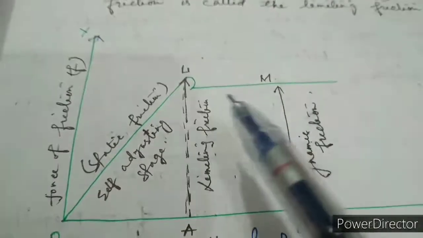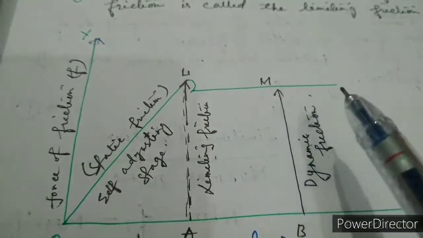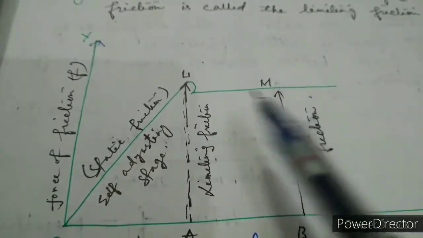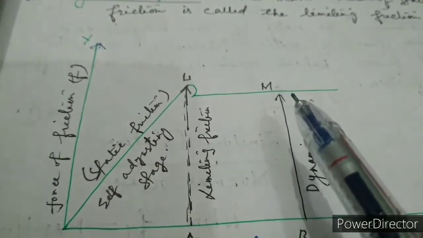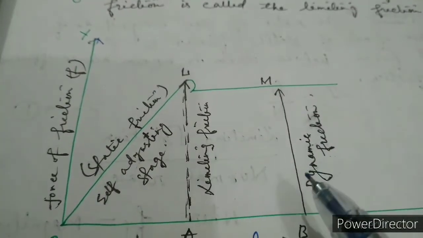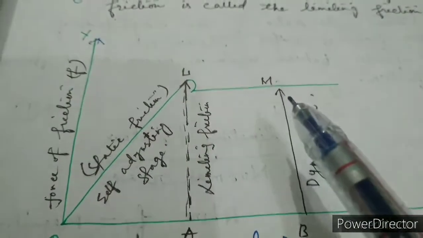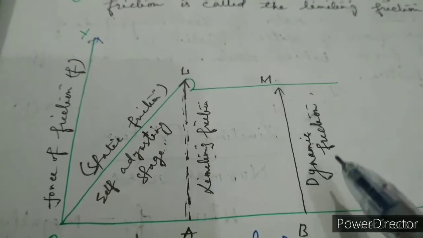After that, the body has adopted one steady line, which is neither increasing nor decreasing, meaning it is in a steady state. So this portion where the body gains a steady value, that friction is known as the dynamic friction.